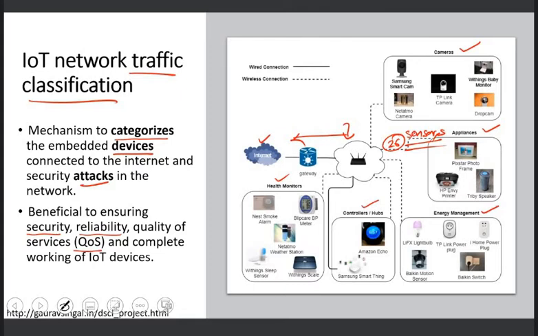So when all the devices go through this gateway to the internet, at the same time we can take the dump of the network. The dump of the network will help us analyze what kind of pattern they are sending.